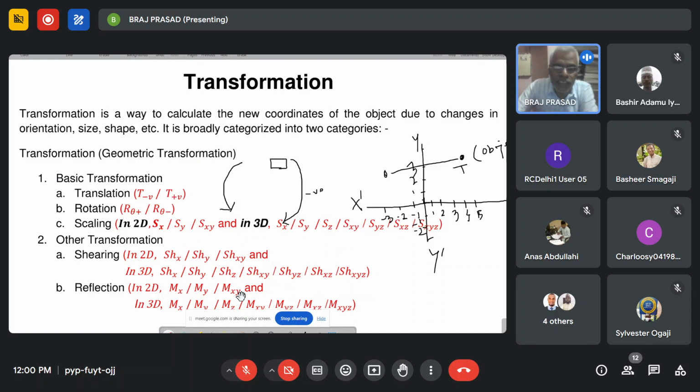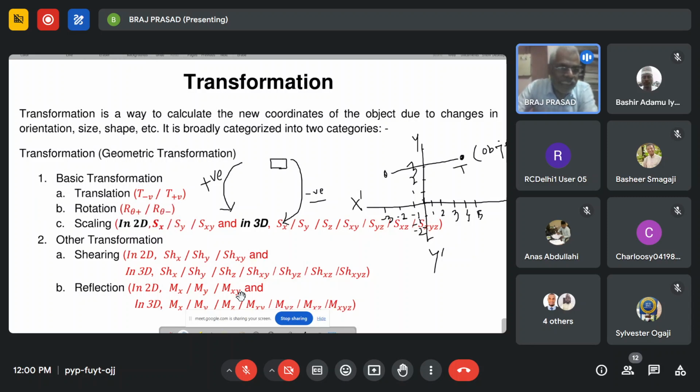If it is rotated in anti-clockwise, then it is called positive rotation. So to denote the rotation, we will use the symbol R, and to denote the negative rotation, we will use R theta minus, and for positive, we will use R theta plus. This type of notation will be used in our transformations.